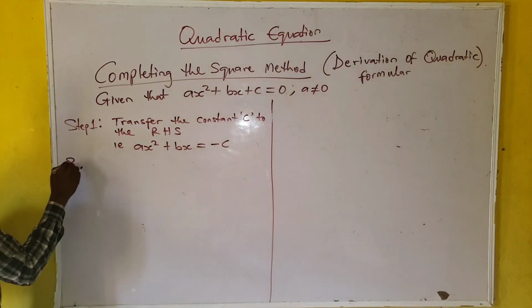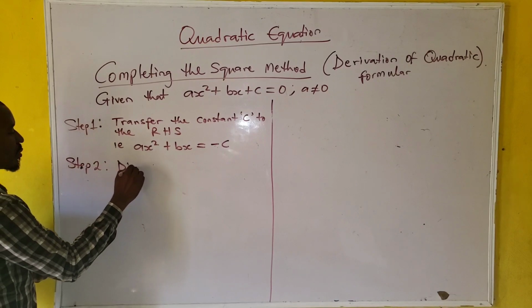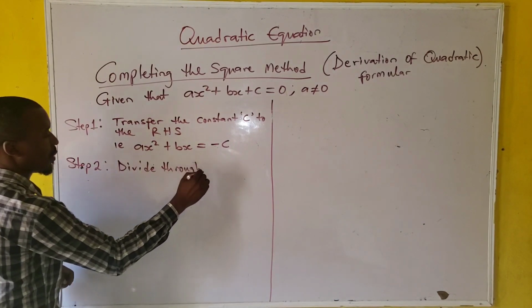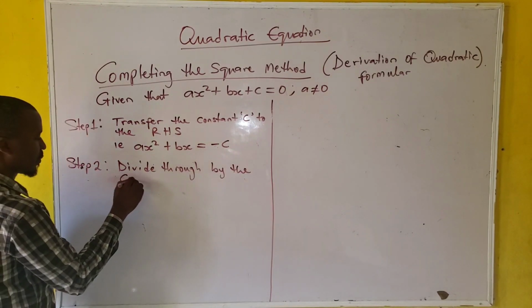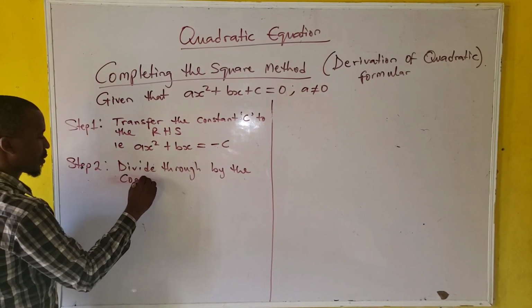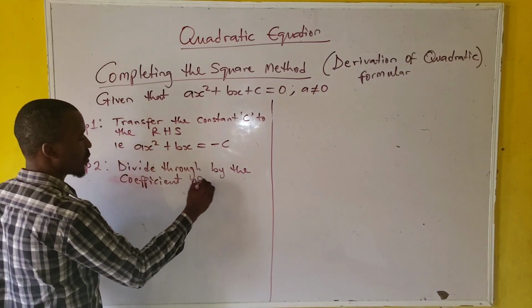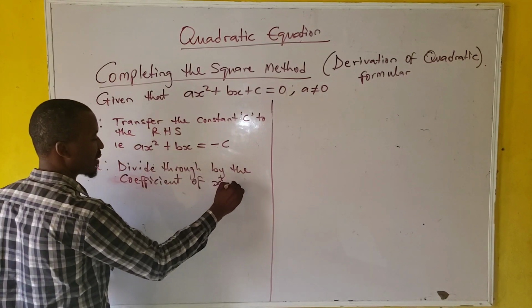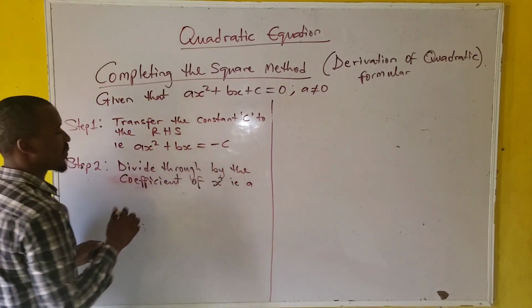So step 2 is to divide through by the coefficient of s squared, that is a.